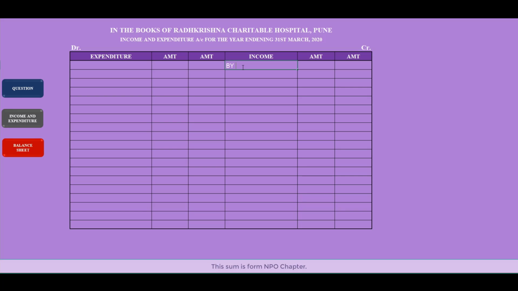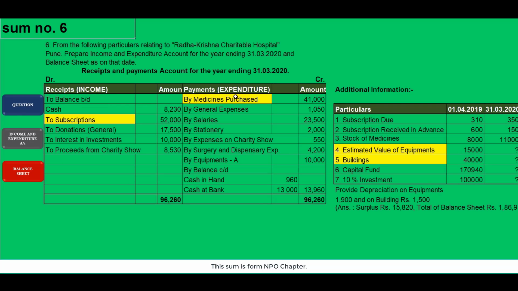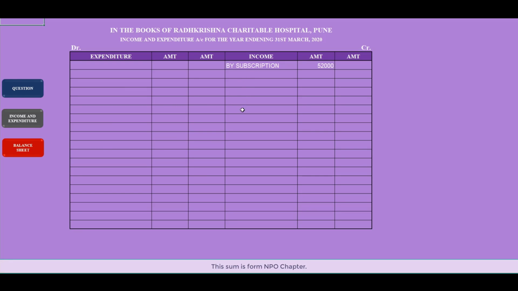I'll write here by subscription 52,000, and leave 5-6 lines. Then go to the question. Donations 17,500. I'll write here by donation.